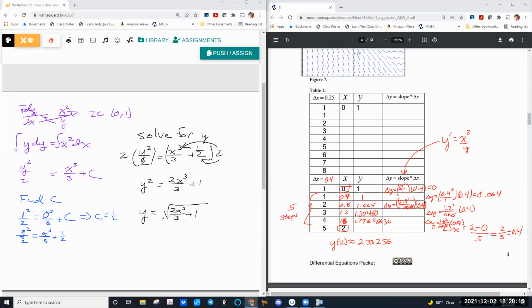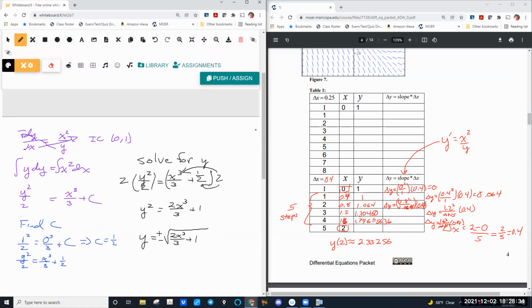So depending on what our initial condition is, we may need to consider the positive or negative. Because we're starting above the x-axis, we only need to consider the positive case, but if our starting point is (0, -1), we would need to consider the negative case, okay? We know ours is positive.